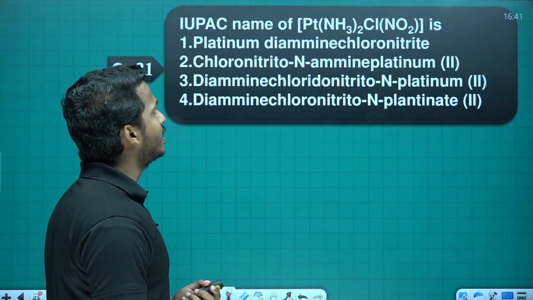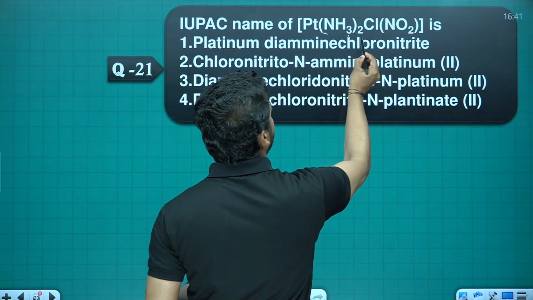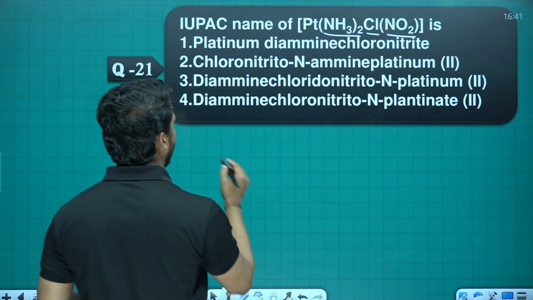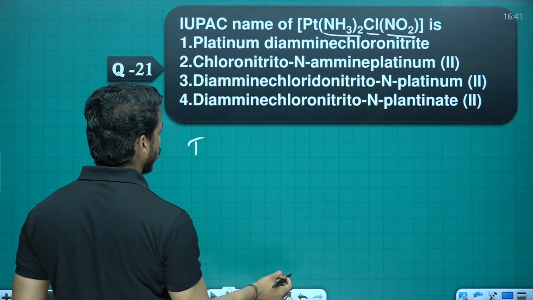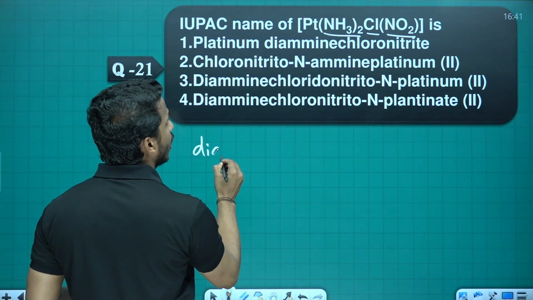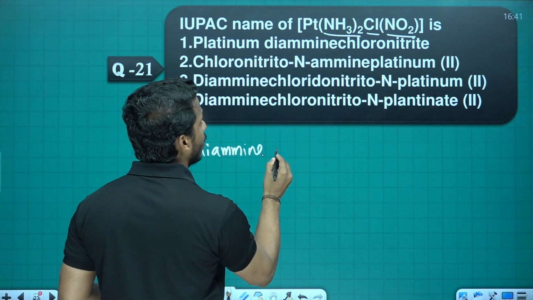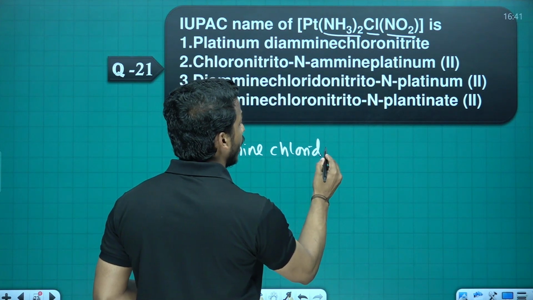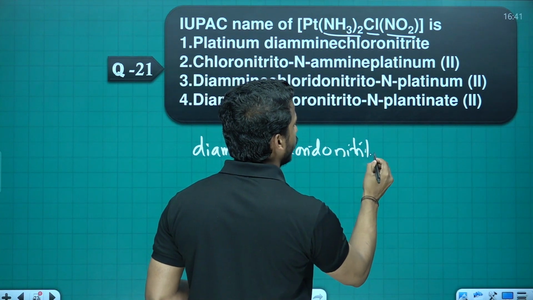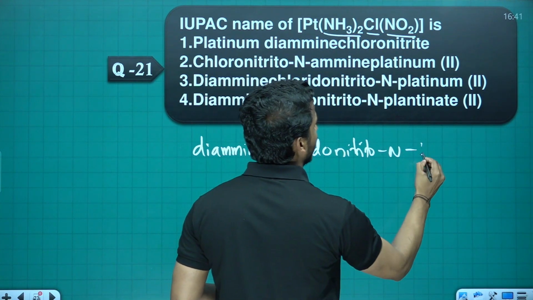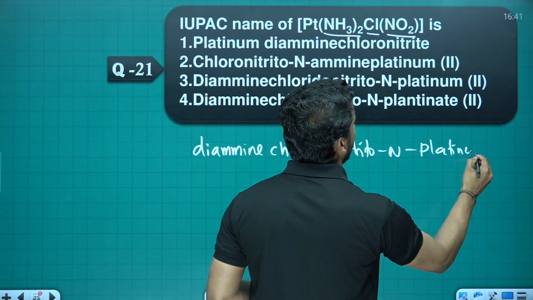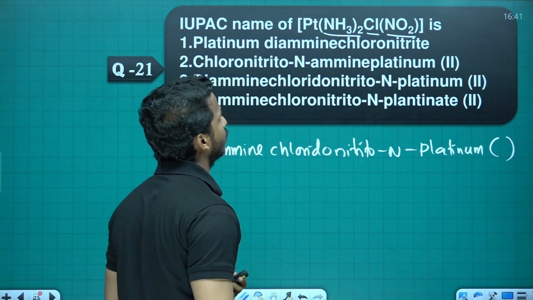What is the IUPAC name of the complex? Dear all, amine is there, chlorine is there, nitrito N is there. 2 amine, right? There are 2 amine. So let us start, all of you. Diamine, chlorido, and what is NO2? Nitrito N. Then which is the central metal atom? Platinum. There is no counter ion, write the oxidation state.